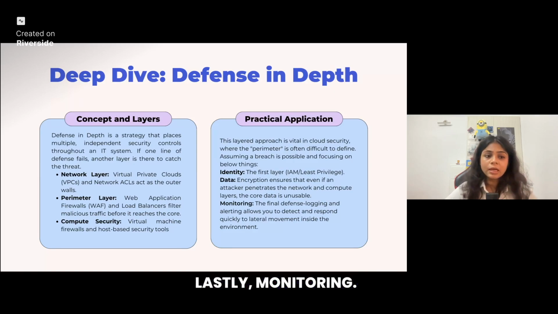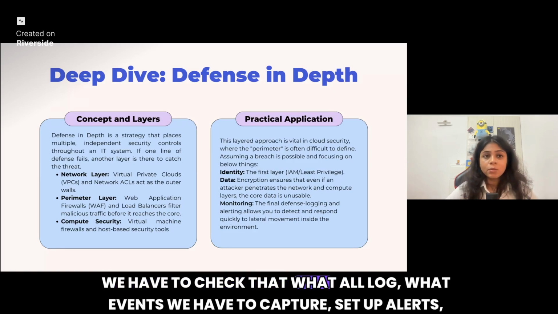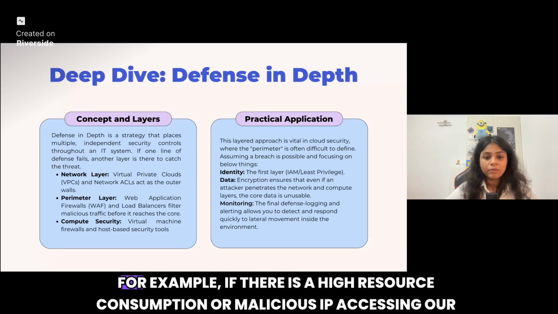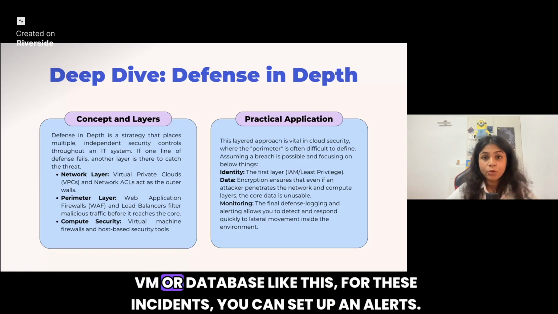Lastly, monitoring. We have to check what logs and events we have to capture, and set up alerts and notifications. For example, if there is high resource consumption or a malicious IP accessing our VM or database, for these incidents you can set up alerts.